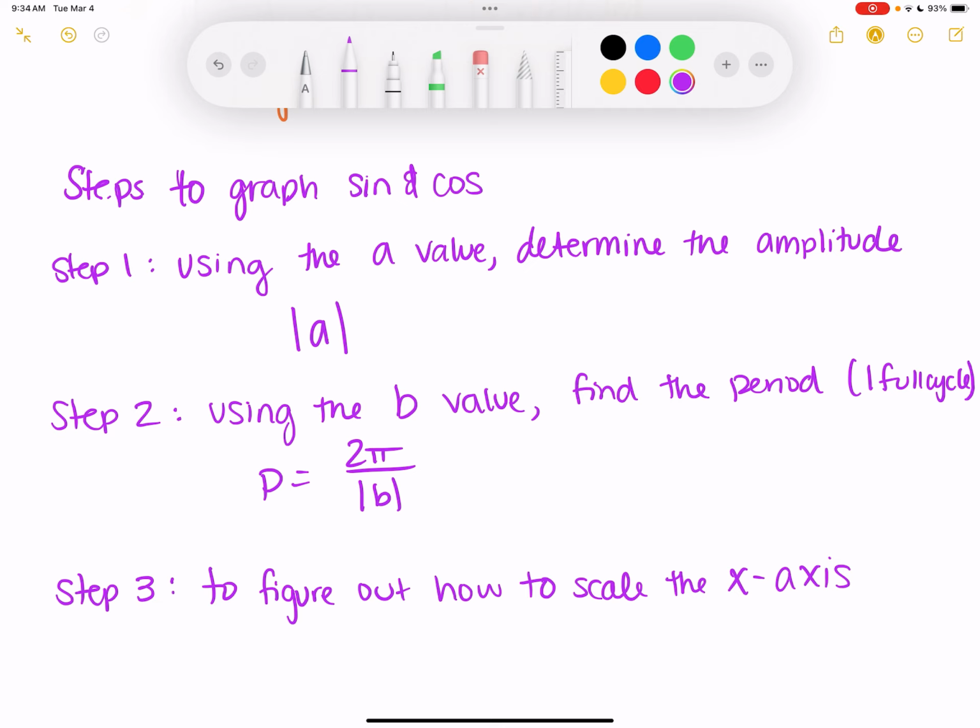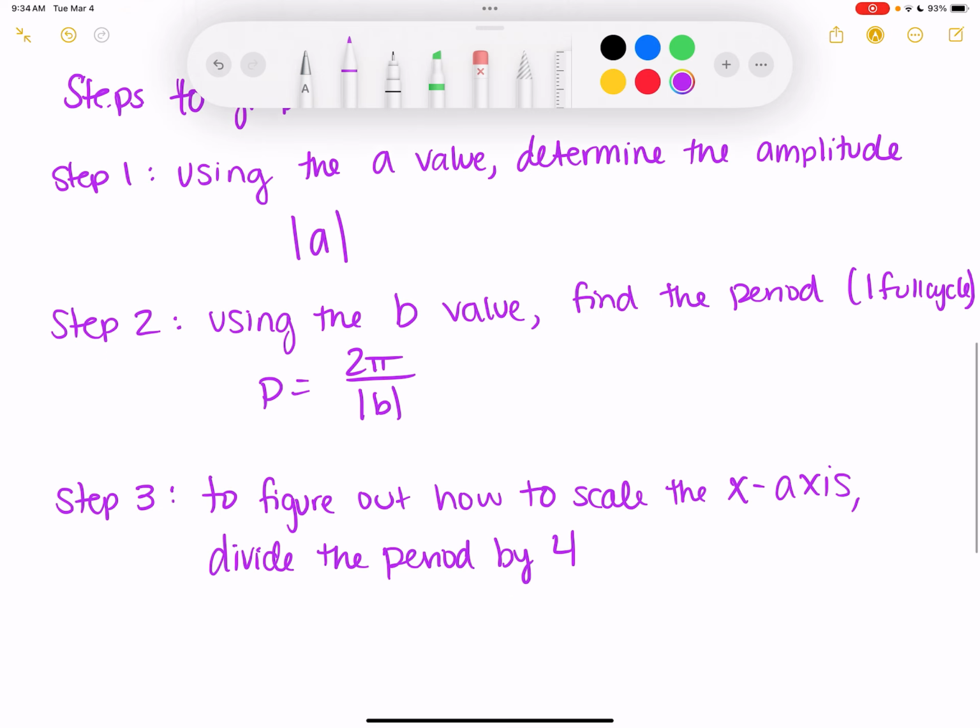We divide the period by 4. So it is P divided by 4. So for example, on your parent function, the period was 2 pi, and that would be divided by 4, meaning increments of pi over 2 is where our next point would be on the graph.